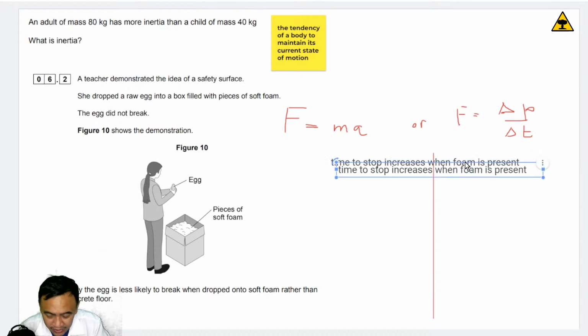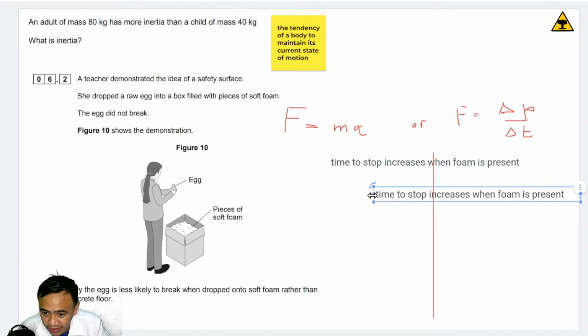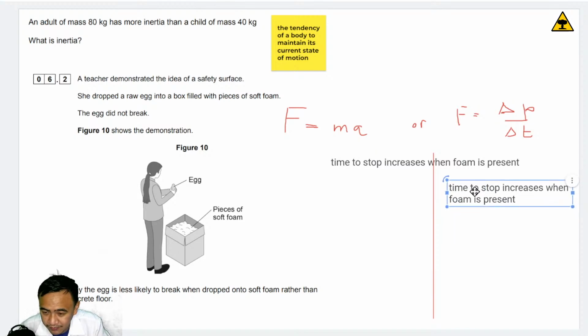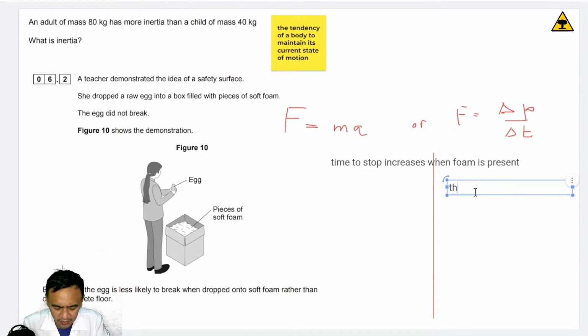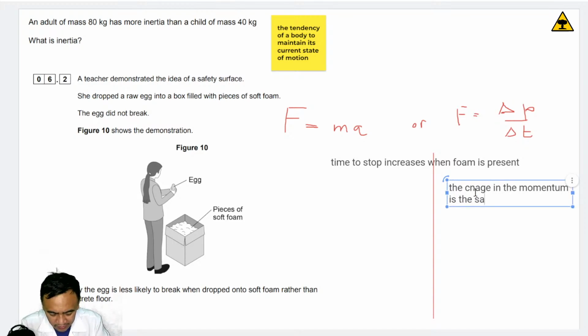And how will these diverge? The first one, the one you said, is the change in momentum is the same. So from the equation F equals change in P divided by time taken, the overall force will decrease.